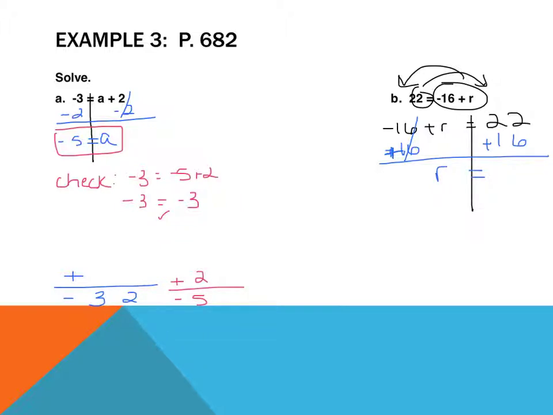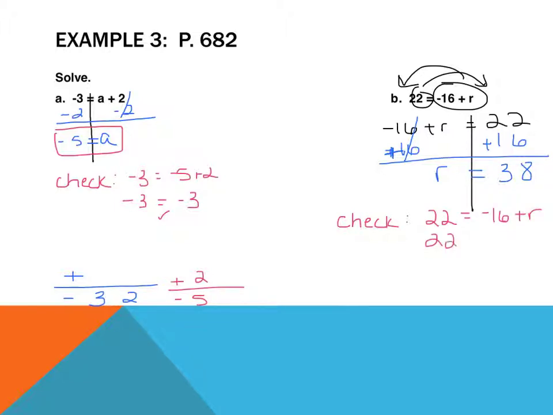So r is equal to 38. Again, we'll check our work. And I'm going to check it in the way that it was originally written, just to make sure I didn't make any mistakes when switching it around. So 22 equals -16 plus r.